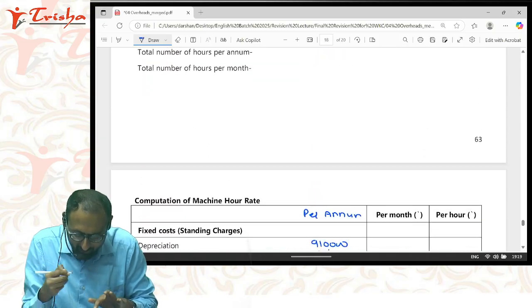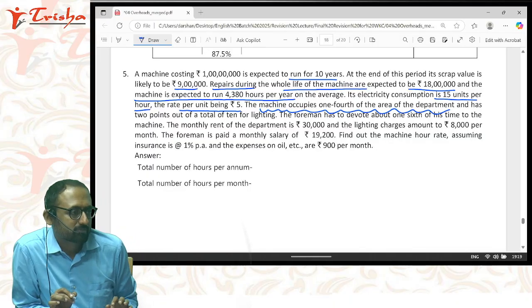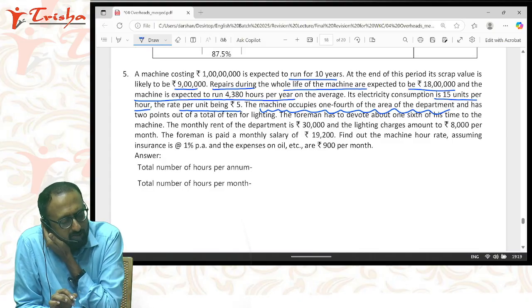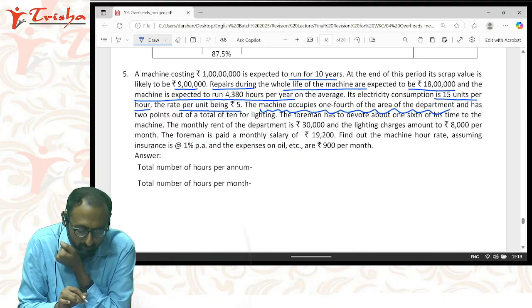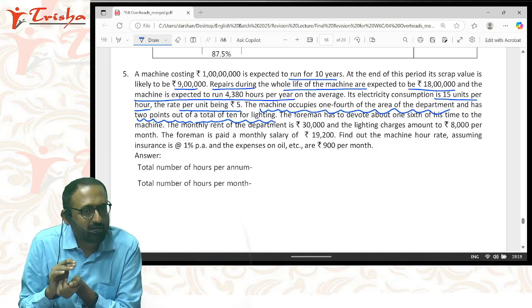Okay, sir. Let's move ahead. Machine occupies 1/4 of the area of the department. So if rent is given for this machinery, how much rent is applicable? Is it 1/4? Next one. 2 light points out of total 10 light points, so lighting expenses will be apportioned to this machine. Is it 2 by 10?